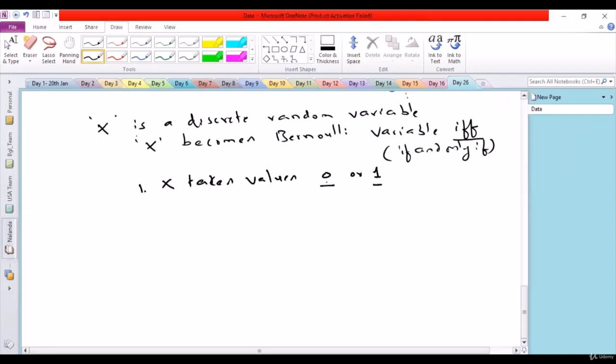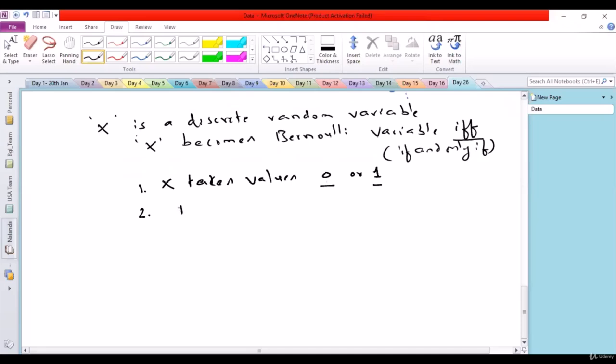That means either success or failure. Tossing a coin, flipping a coin, failing the test case, getting a loan, hiring a person, joining a job. These are all examples of Bernoulli. These random variables represent your Bernoulli distribution. That means X takes the values 0 or 1.